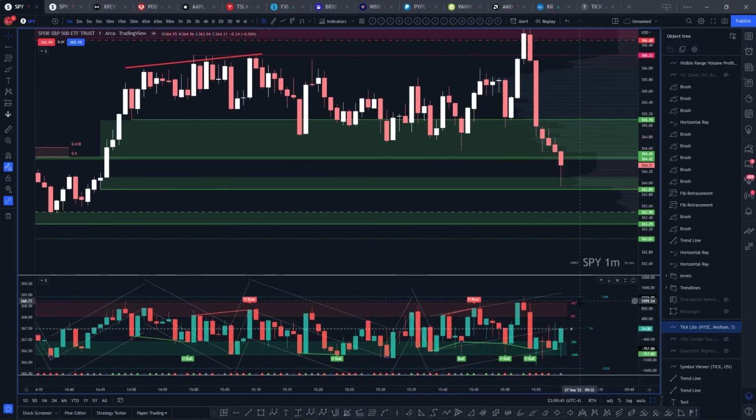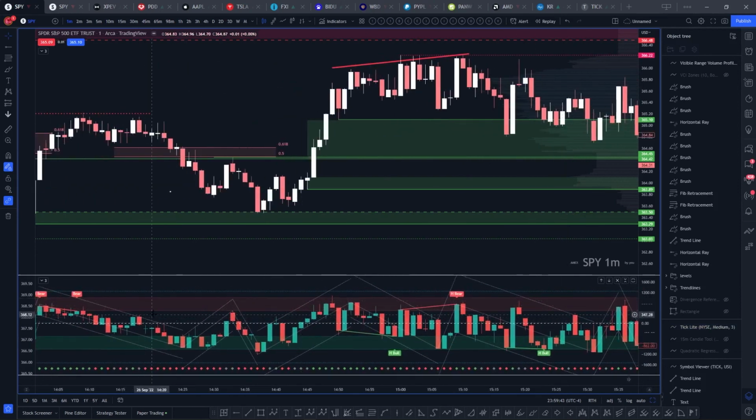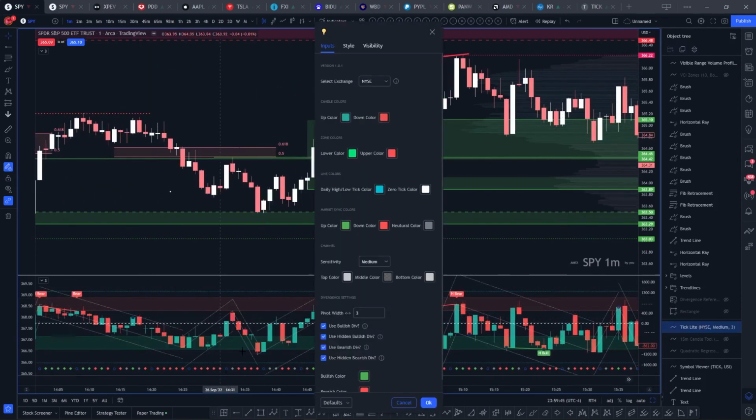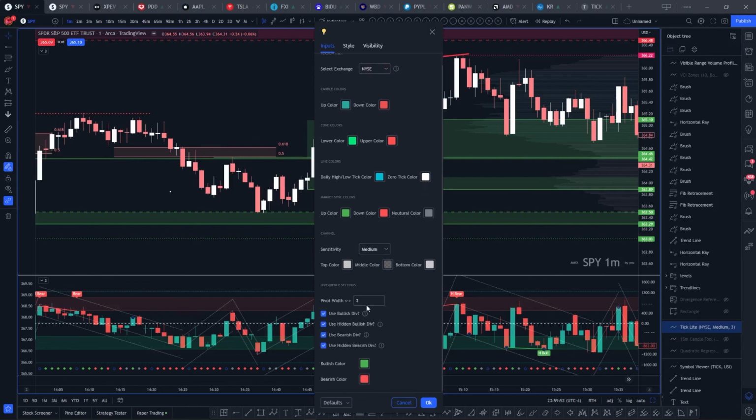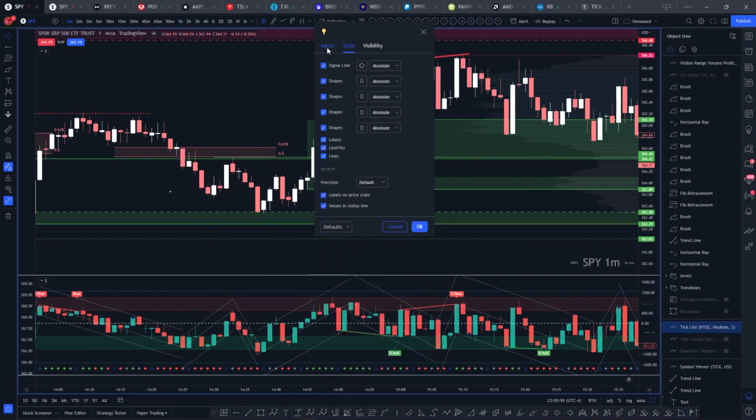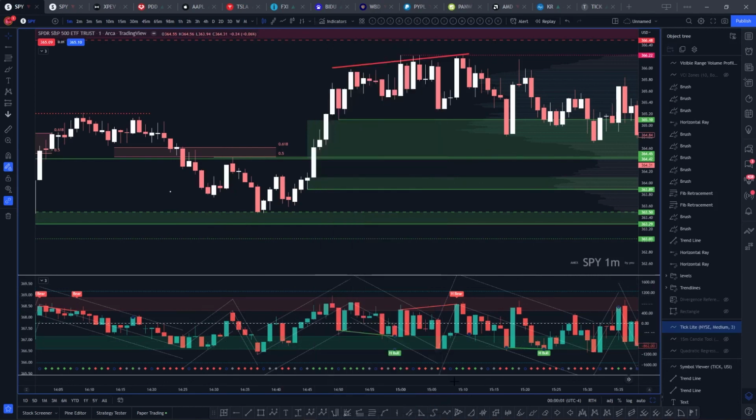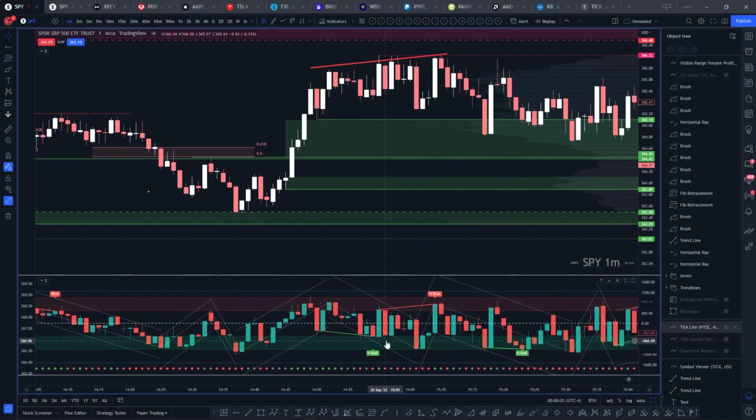And these pivots are automatically placed for you. There's a ton of settings within, as well as letting you choose between the NYSE or the NASDAQ, depending on whichever tick you want to use, and tons of customization, as well as divergence and sensitivity for the channels themselves. So definitely worth checking out, and I think it's probably one of the more useful indicators you can have on a chart if you are a day trader.